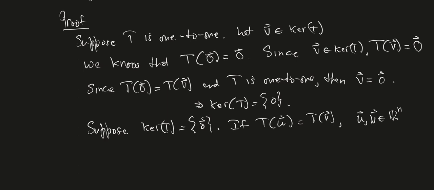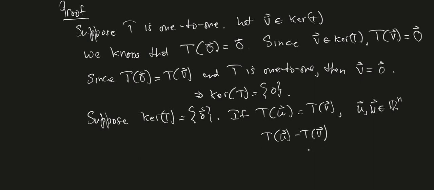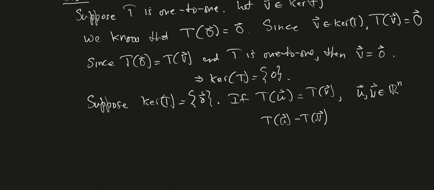So I'm going to subtract T of v from both sides, and I'm going to write it like this. You might recall that we have a couple of properties of the linear transformation that allow us to combine this into one. First, I'm going to take that scalar and put it inside the parentheses. We can take this -1 and distribute it through the T. That was our property of scalar multiplication for linear transformations.